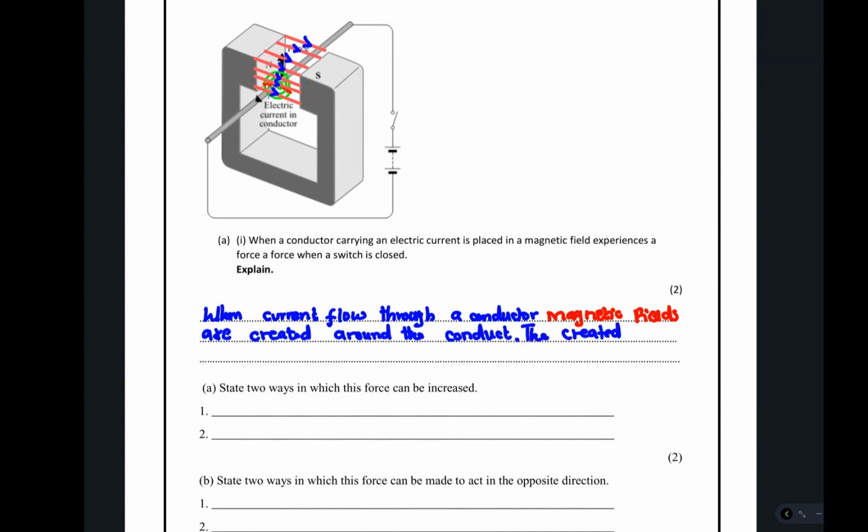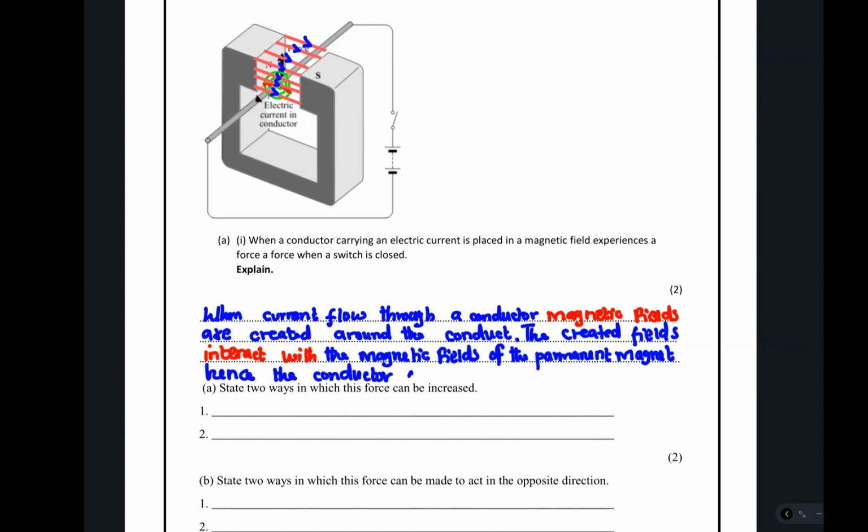These created magnetic fields around the conductor are going to interact with the fields of the permanent magnet. Hence, the conductor experiences a force. That's what you are supposed to say in this particular question.